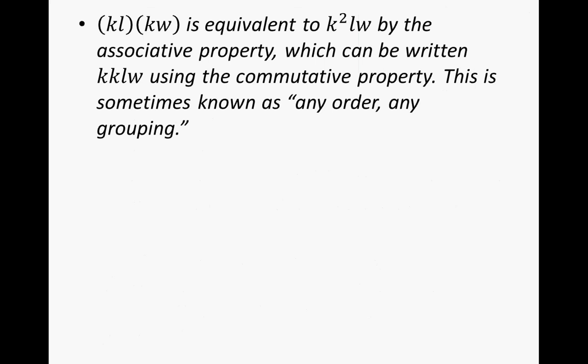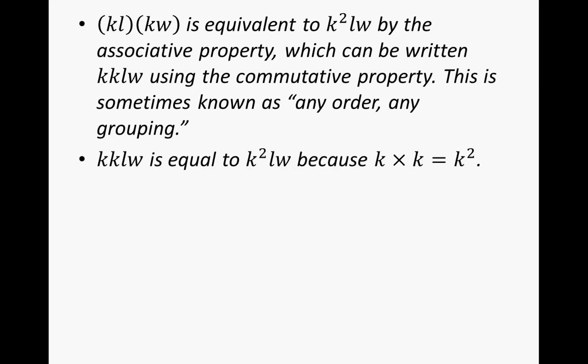Well, K times L times K times W is equivalent to K squared times LW by the associative property, which can be written as K times L times W using the commutative property. This is sometimes known as any order, any grouping. So, K times K times L times W is equal to K squared times L times W because K times K is also represented as K squared.